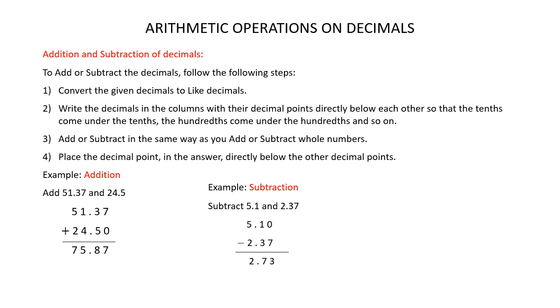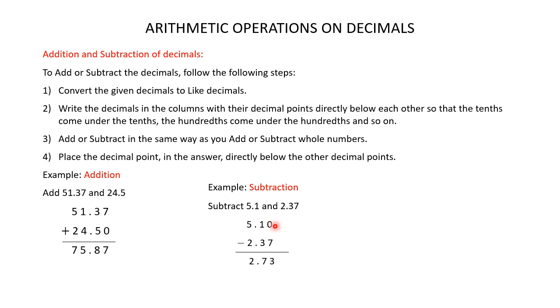Now let's understand subtraction of decimals. Subtract 2.37 from 5.1. Here also these two numbers are unlike decimals because they have a different number of digits after the decimal point. So to make 5.1 a like decimal of 2.37, you have to add a 0 after 1. So 5.1 is written as 5.10.